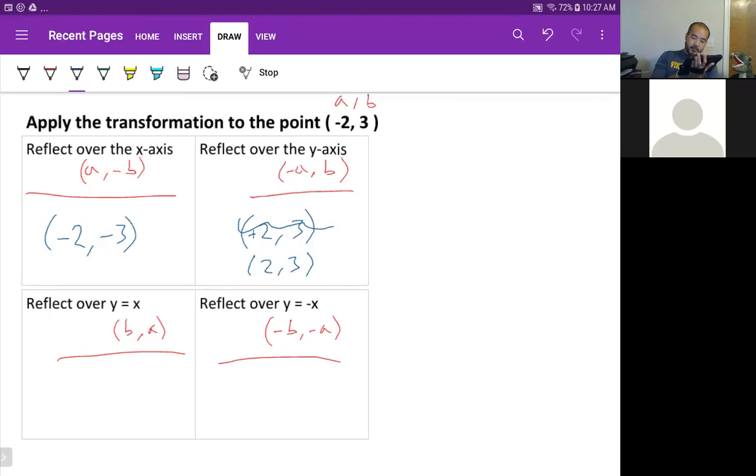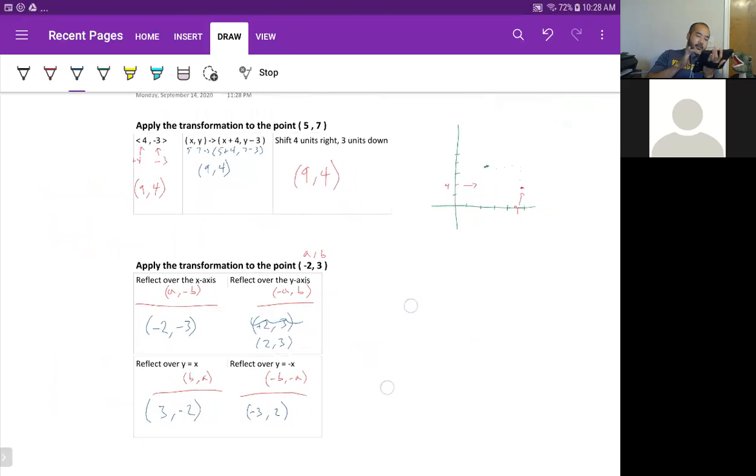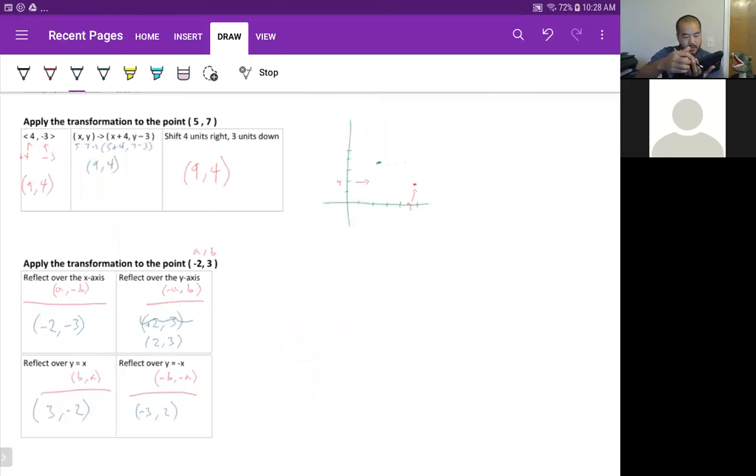For this one, you flip them, so B goes first and A stays the same. And the last one, you change both signs and you flip them. So +3 becomes -3, -2 becomes +2. Okay, that is how this works. So that is translations and reflections.